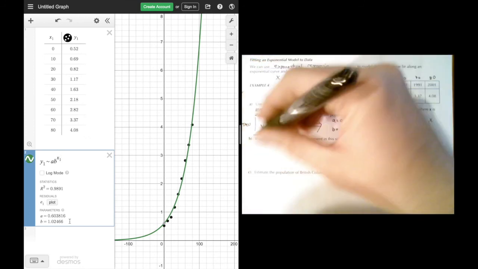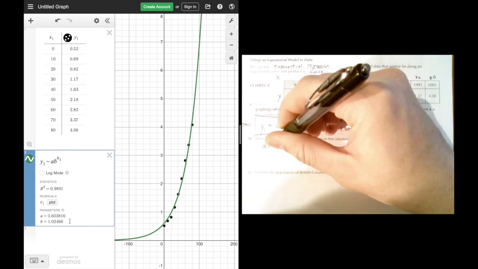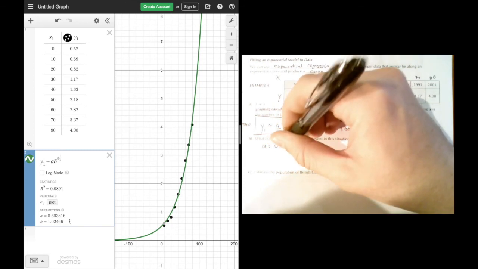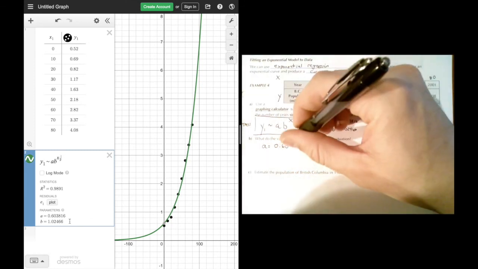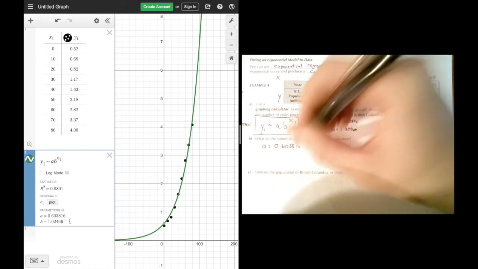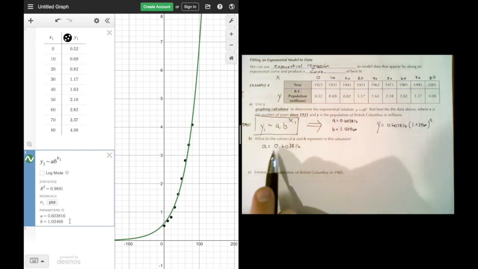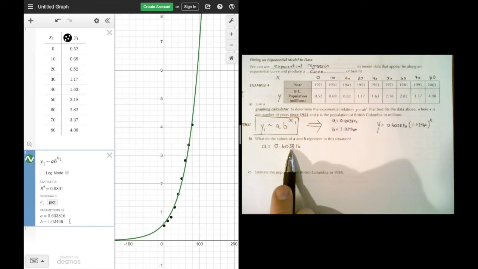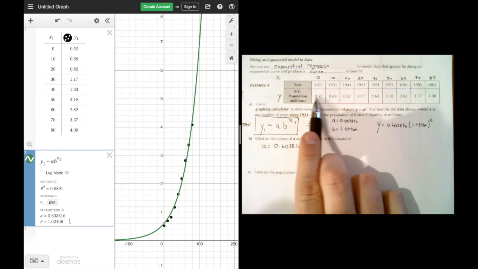Well, a, if we remember, is the initial value. So 0.603816. Well, what's that represent? Well, initial value means the initial population. Now, our initial population in our table is 0.52, but that's actual data.